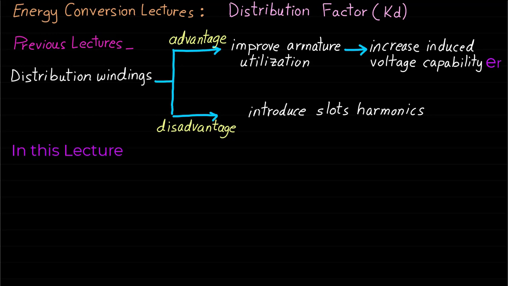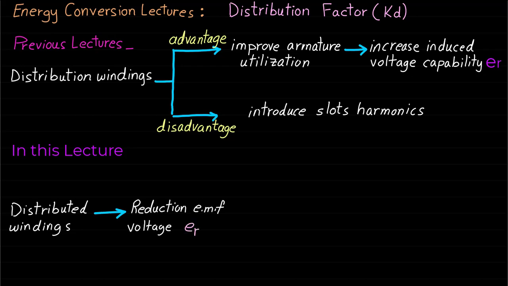In this lecture, we will show that the distributed windings have another advantage and have another disadvantage. Basically, we will show that using the armature distributed windings will cause some amount of reduction in the induced back EMF voltage ER comparing with the concentrated armature windings.